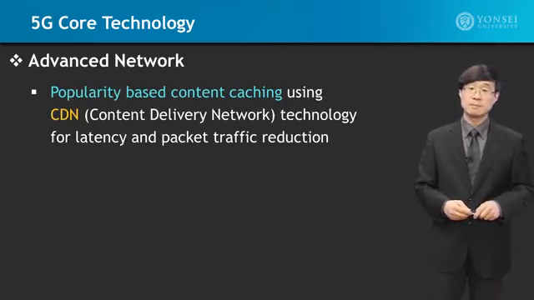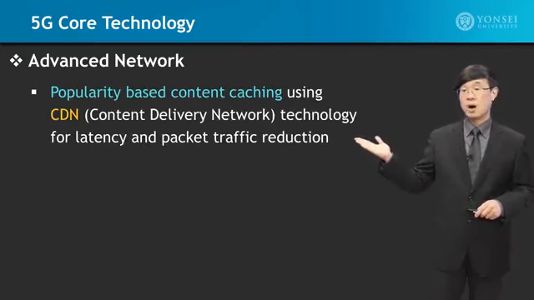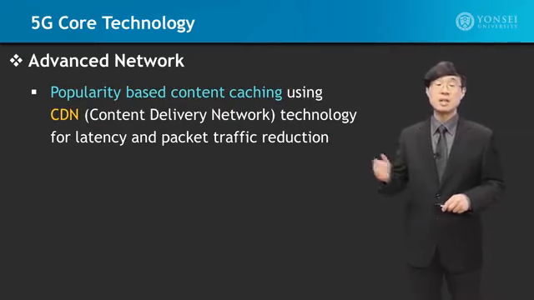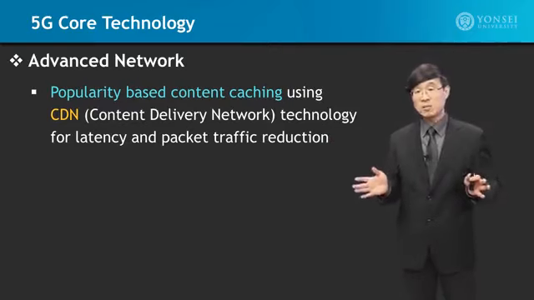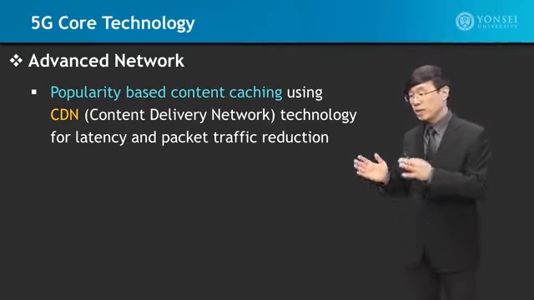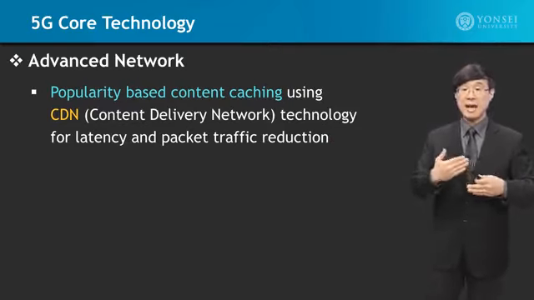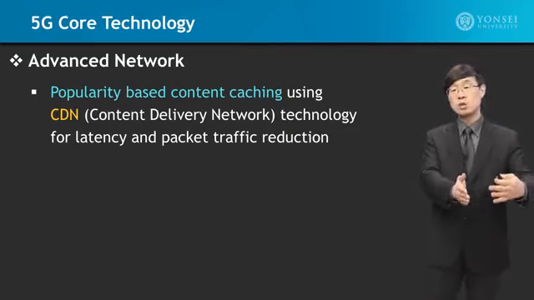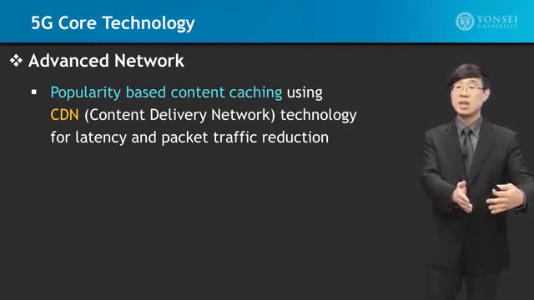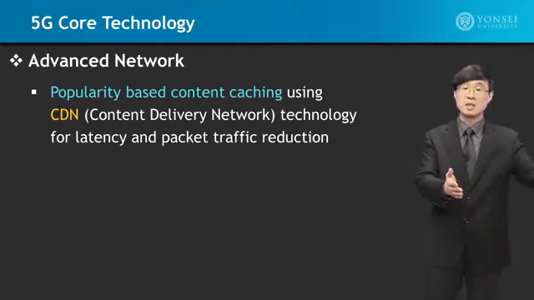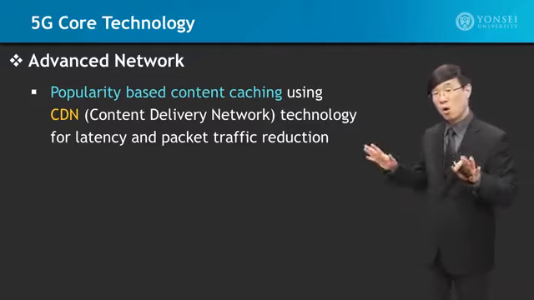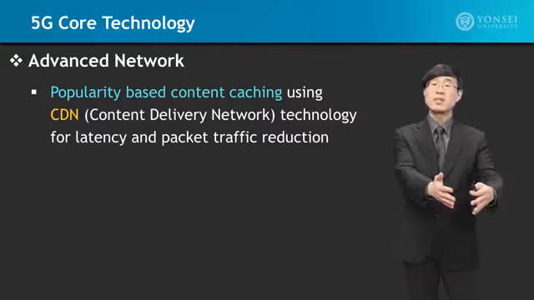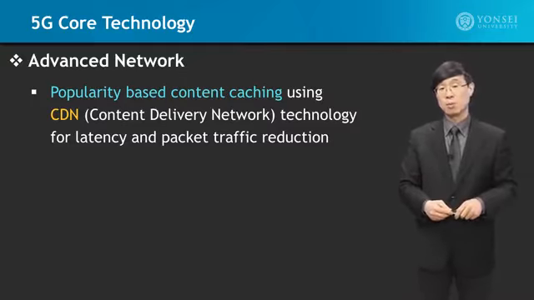Going into other characteristics of taking advantage of CDN technology, content delivery networks. Content delivery networks are networks that predict what will be needed based on an algorithm, and then that traffic is brought near to the users in advance such that when users need it, it can be delivered very quickly, and also the overall network utilization is brought down because you moved it closer and then it's shared over a local domain.